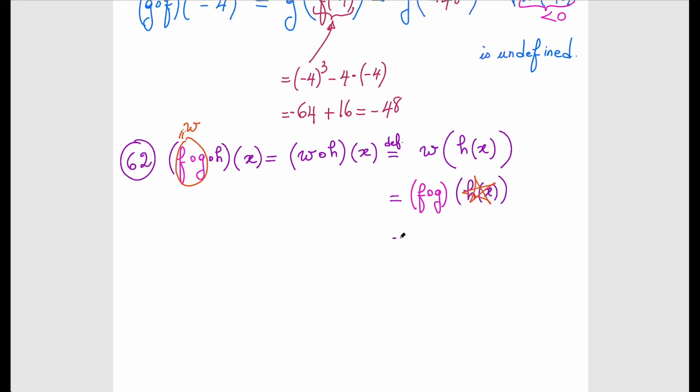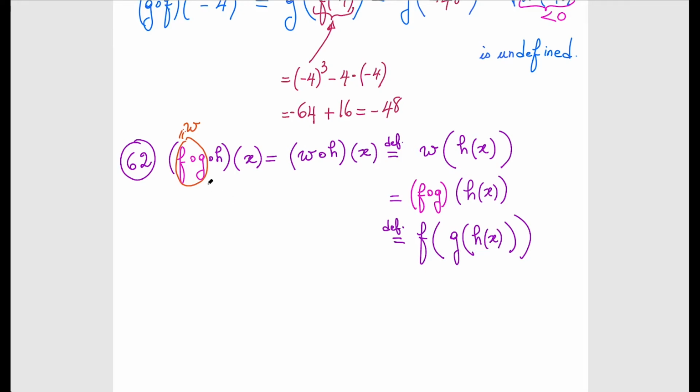Well, this is simply, by the definition above again, f at g of star, right? This is how the composition of two functions is defined. The left one is gonna act on the output of the right one acting on this guy. So the left one is f, the right one is g, so f of g of star. Correct? Okay, and what is star now? It's h of x. So let's replace this guy by h of x.